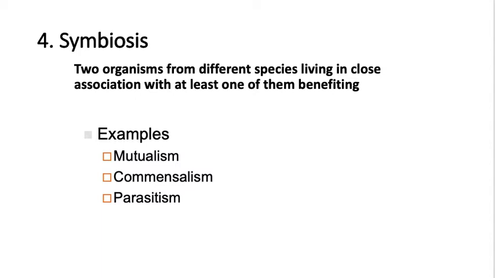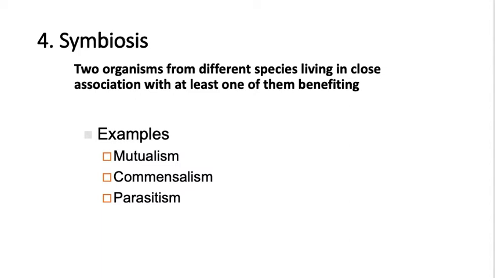In biology, it's a little bit more complicated than that. Symbiosis in the biological sense refers to two organisms from different species living in close proximity or close association with each other, with at least one of them benefiting. So, not quite the same as the more general use of the term where everybody benefits.